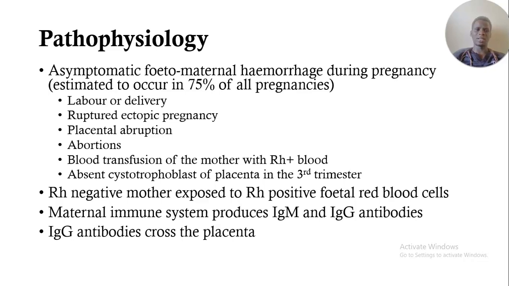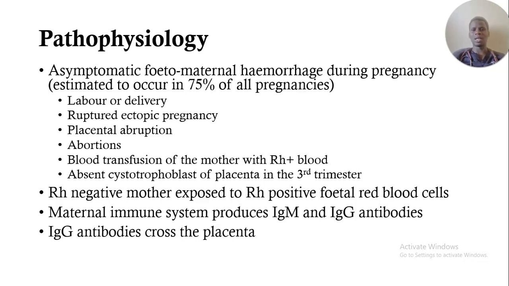When the fetus is negative, there is completely no problem because the mother is negative and the fetus will also be negative. So the problem comes in when the child, like father like son, takes the blood group of the father, that is rhesus positive, and yet it has to be inside the mother, who is rhesus negative. So that's where the problem comes from.